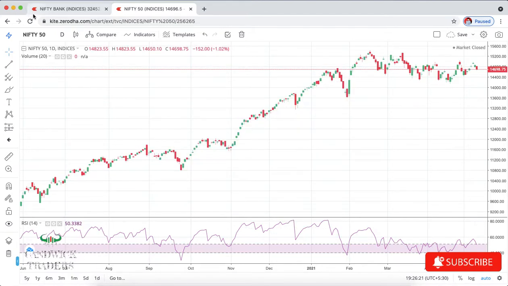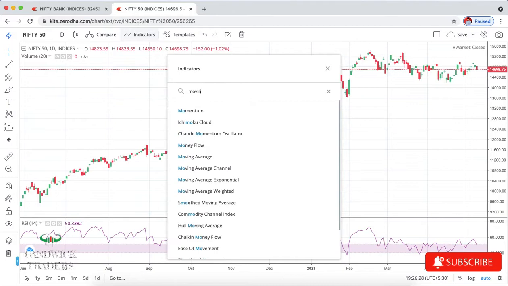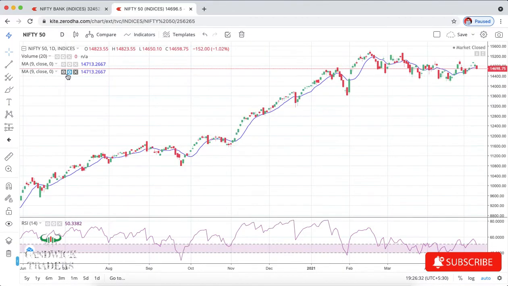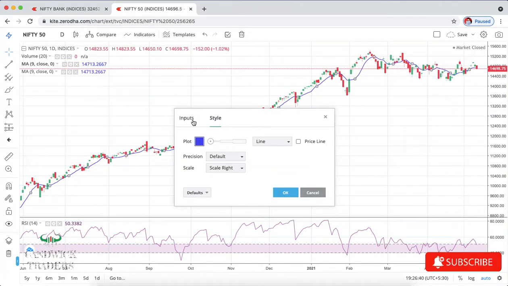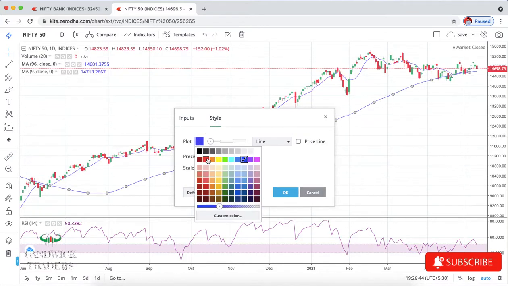So what are the indicators I'm using? Please make a note or take a screenshot of that. We are using two simple moving averages, the normal moving averages. First is the 96.